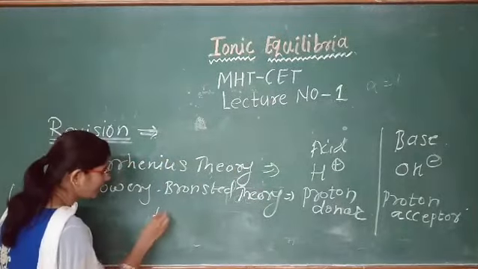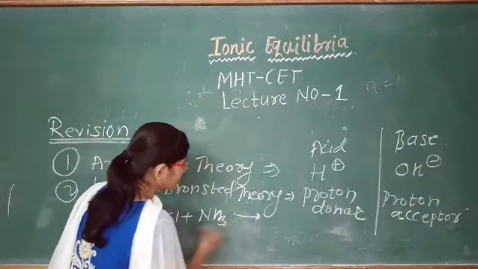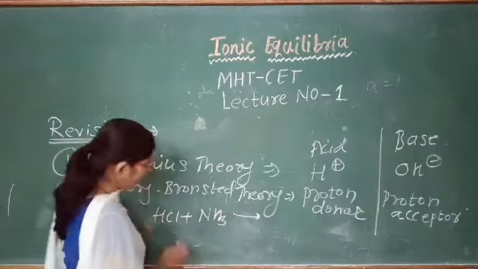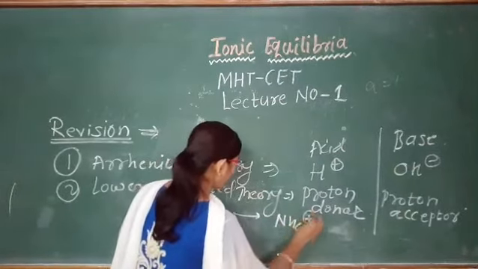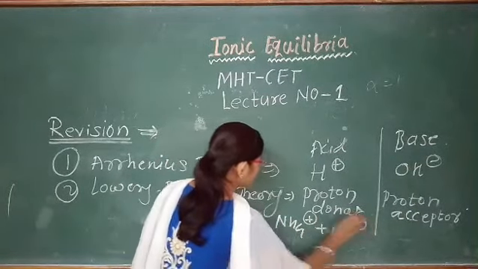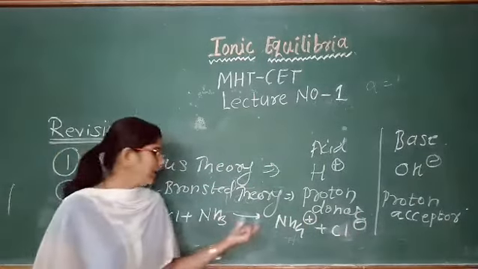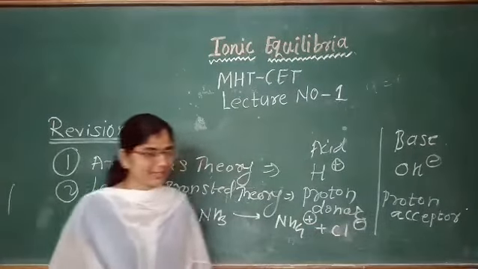For example, HCl plus NH3 forms NH4 plus and Cl minus. When HCl reacts with ammonia, it forms NH4 plus ions plus Cl minus ions.